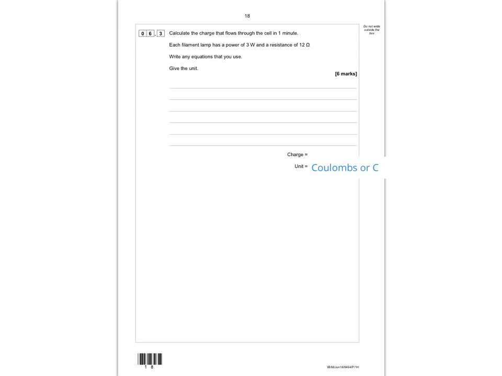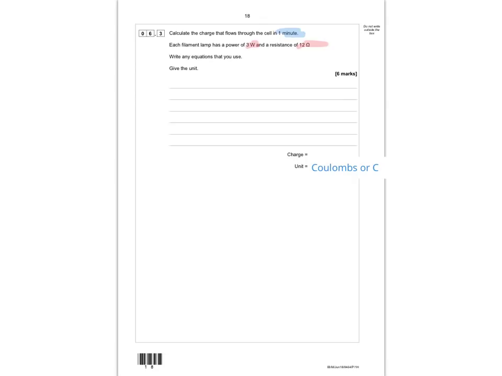Now what we need to do is try and figure out what charge is. The best thing to do here is to look at the things we've been given in the question. You can see here that we've got 3 watts, so we know that's a power. We've also been given, I'm going to highlight this in red as well, 12 ohms. And then we've got 1 minute, which is a time. So we know power, resistance, and time.